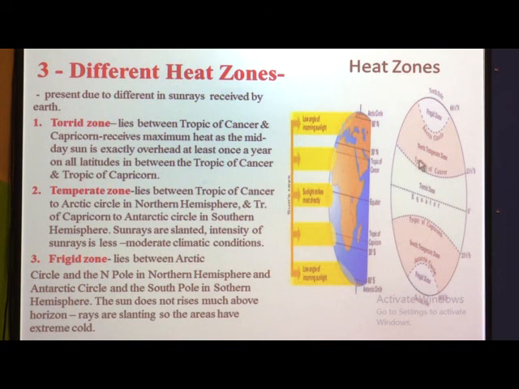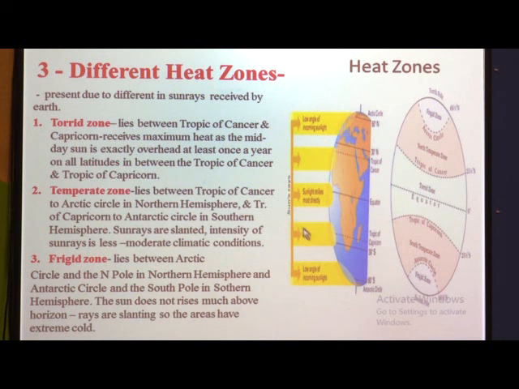Here in the northern hemisphere lies this temperate zone, between the Tropic of Cancer and the Arctic Circle. And here the south temperate zone lies between the Tropic of Capricorn and the Antarctic Circle, this portion. So this is the north temperate zone and this is the south temperate zone.